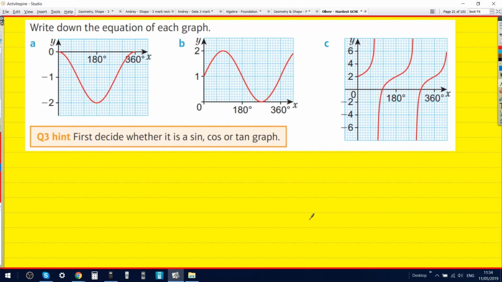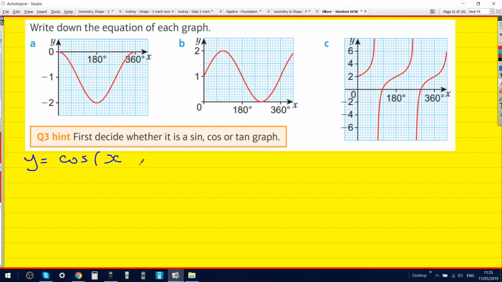Write down each one. So the first one is going to be cos x. It's minus x.